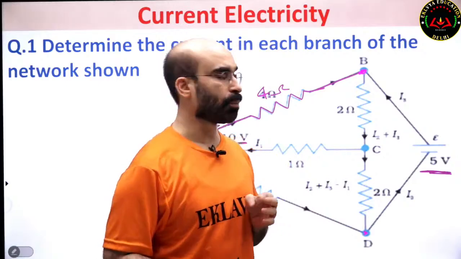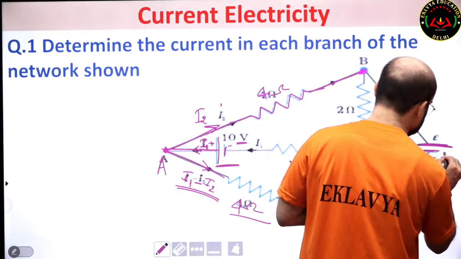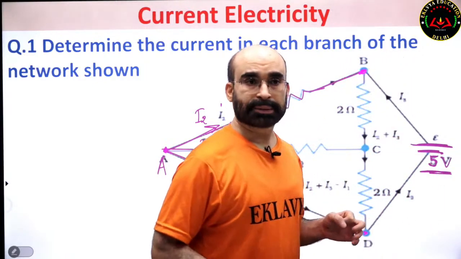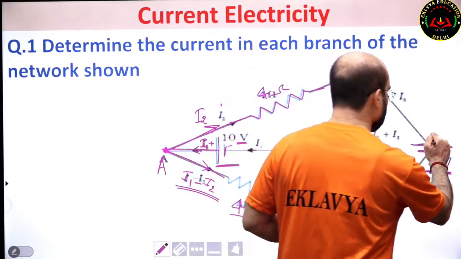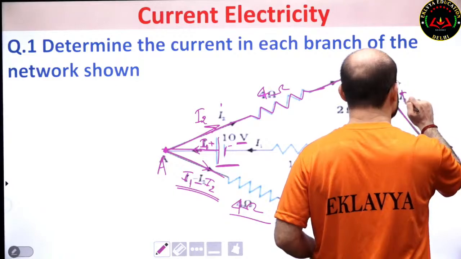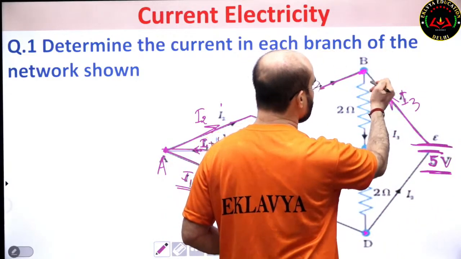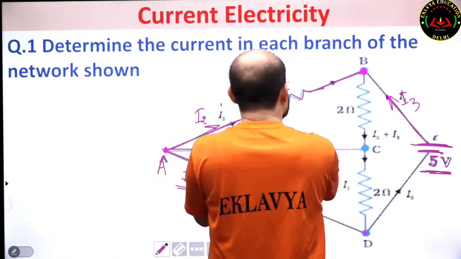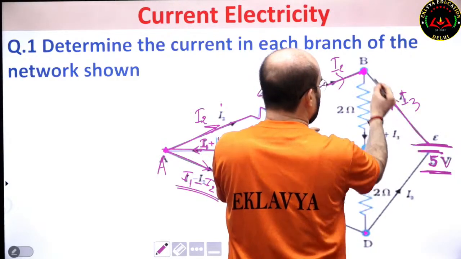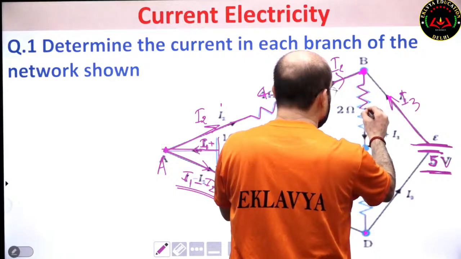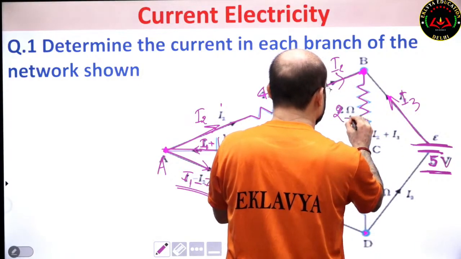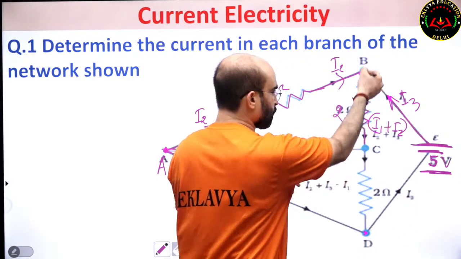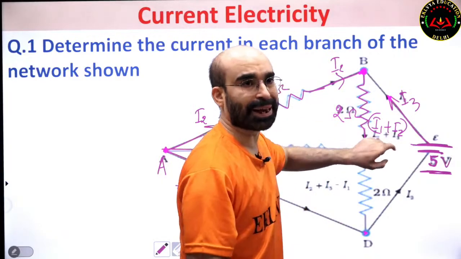Now let us talk about another current. This EMF of 5 volts from this cell of 5 ohm is sending I3 current in this branch, and it comes till point B. So I2 is coming, this is I3, so it is for sure that in this resistor of 2 ohm, across BC, I1 plus I2 current will be flowing.